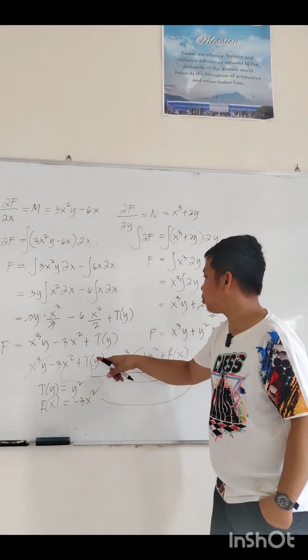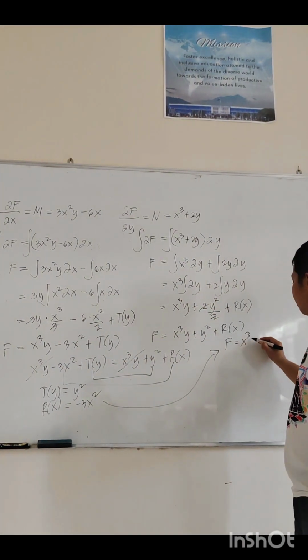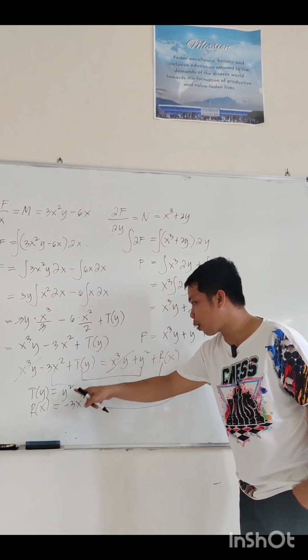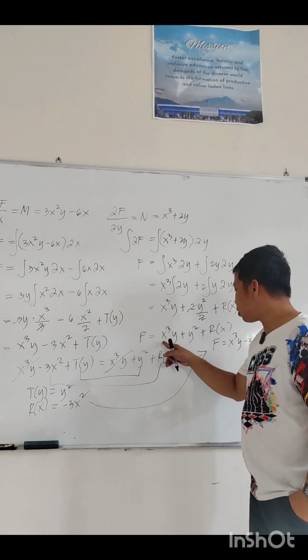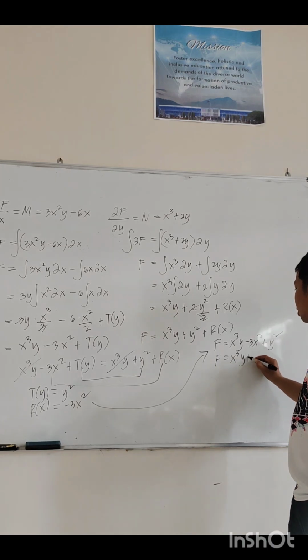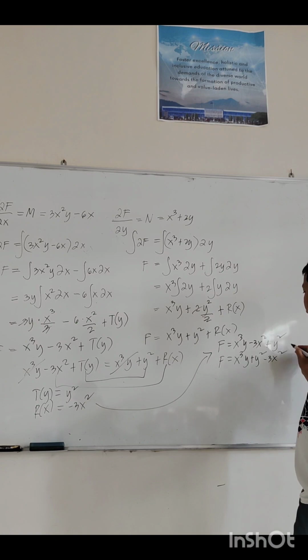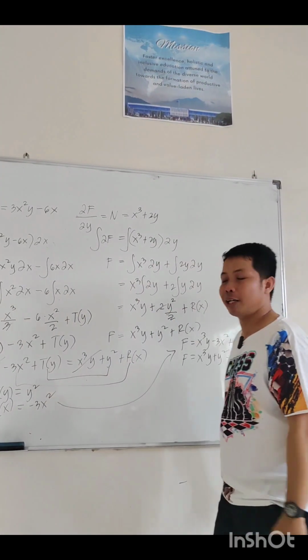So, gamitin natin itong f na to. X cubed y minus 3x squared plus what is t of y? T of y is y squared. So, kung ito naman yung gagamitin mo, just the same. F is x cubed y plus y squared. What is r of x? Minus 3x squared. As you can see, they are equal, kasi nga yung two f's natin ay equal.